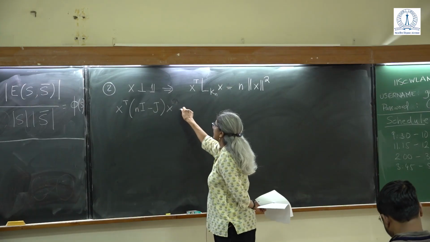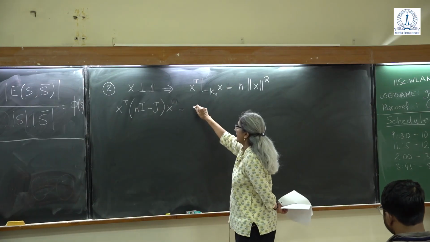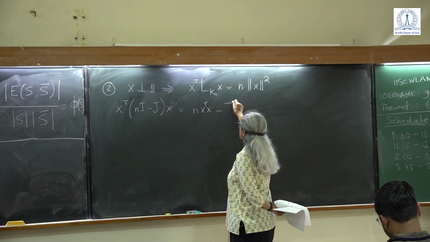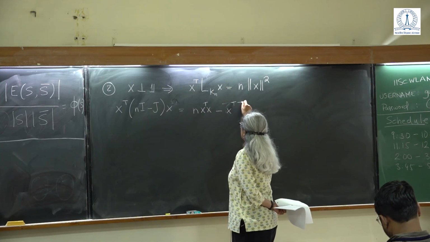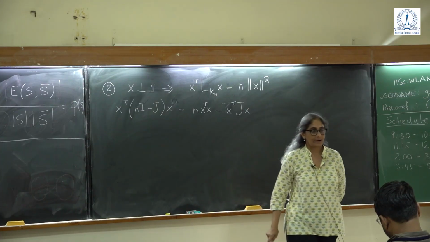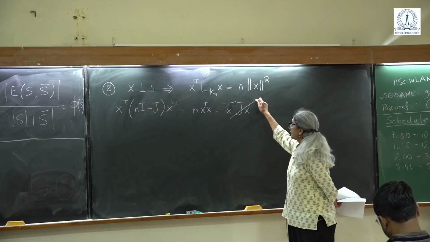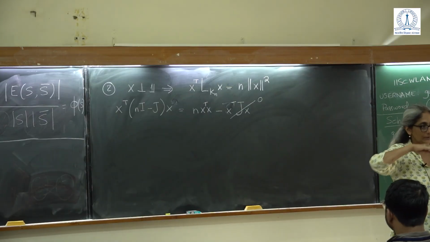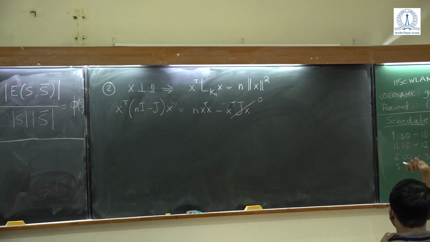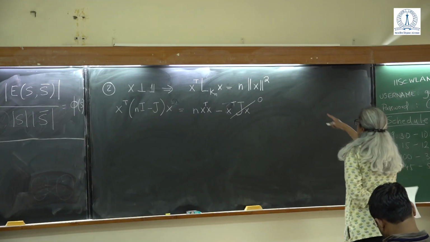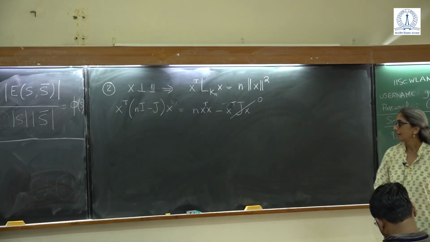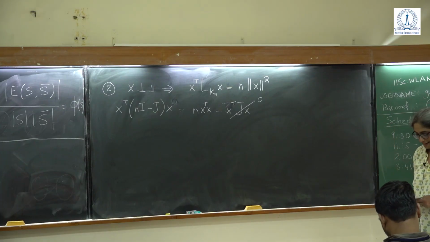So this is equal to what? n times x transpose x minus x transpose jx. Yeah, so this is 0, right? Because all the rows of j are 1, 1, 1, 1, 1, and x is already orthogonal to 1. So that part is 0. So you just end up with n times the norm of x squared. Good? Okay. So we have these two pieces.